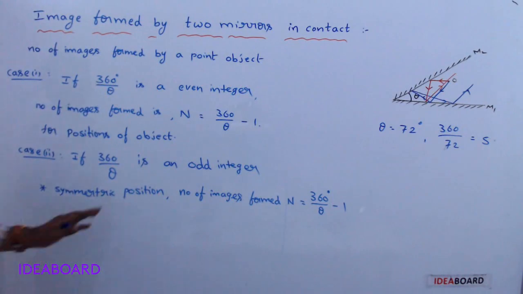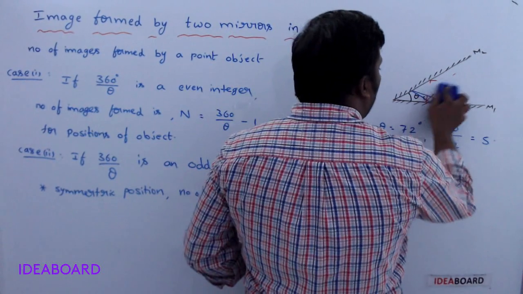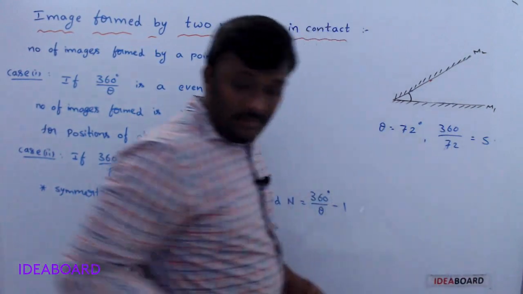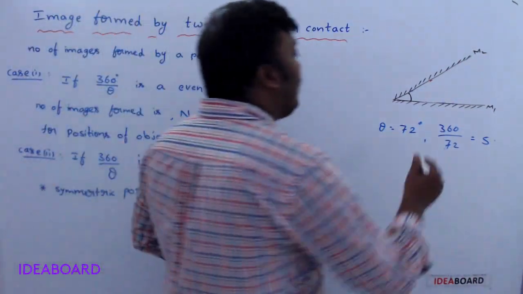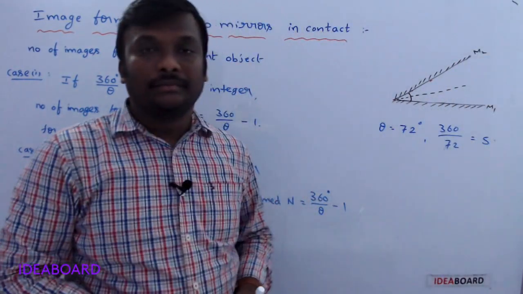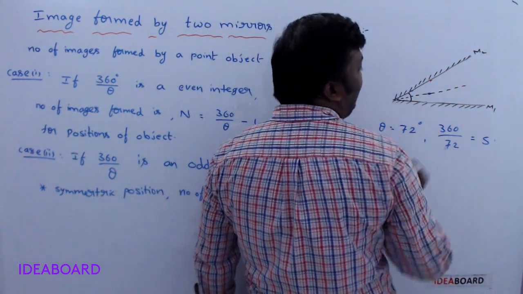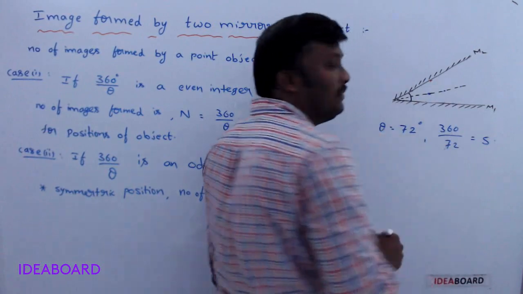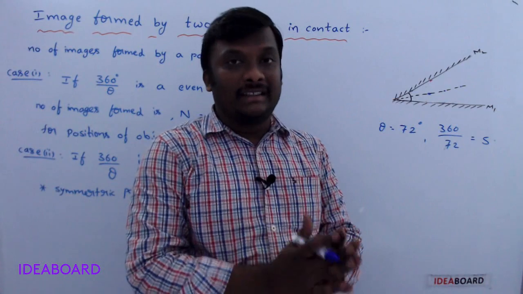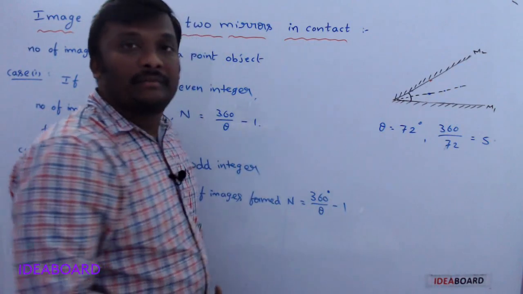Symmetrical position means the object lies on the angular bisector of the two mirrors. If the object is here or here or here, wherever on this bisector line, then the number of images formed is 360 by theta minus 1.